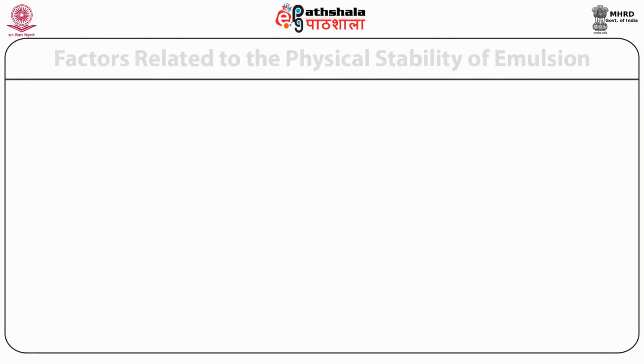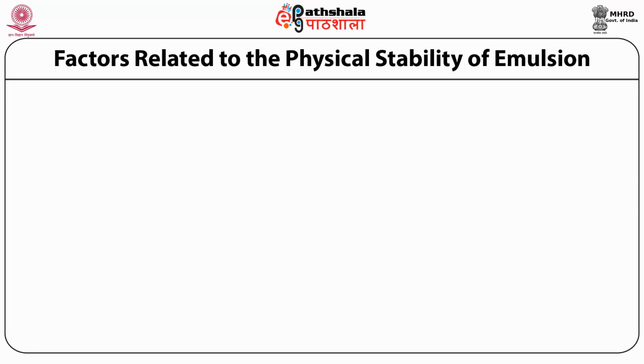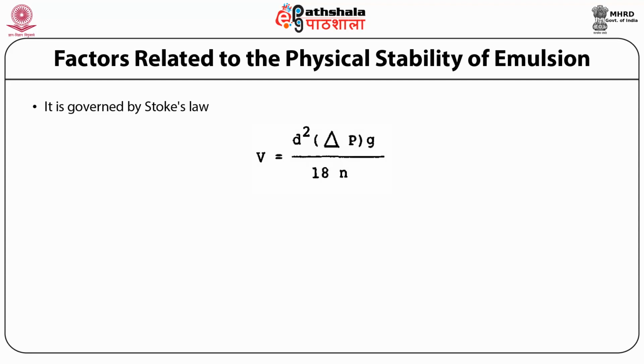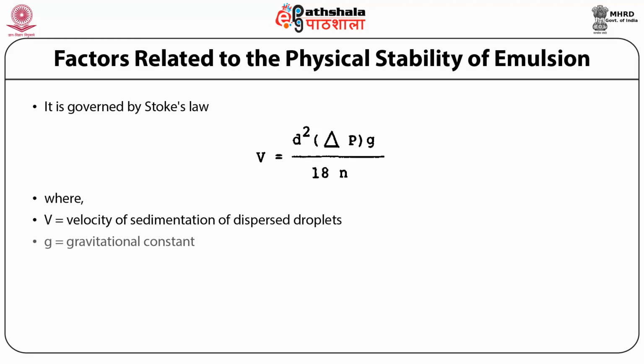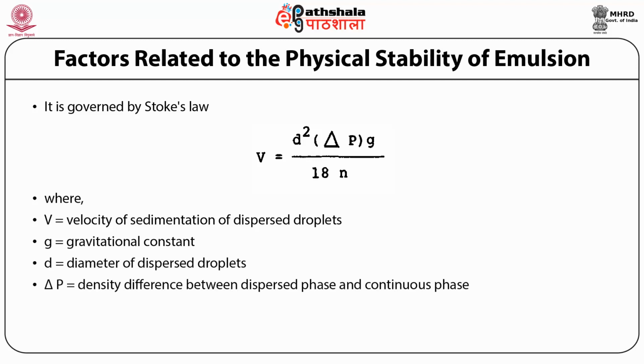Coming to the factors related to the physical stability of emulsion, it is governed by Stokes' law. Viscoelastic properties have a marked effect on the consumer perception of various attributes. The physical stability of emulsion is an important aspect where the velocity of sedimentation of the dispersed droplet is inversely proportional to the viscosity of the external phase and directly proportional to the gravitational constant, the diameter of the dispersed droplet, and the density difference between the dispersed phase and the continuous phase.